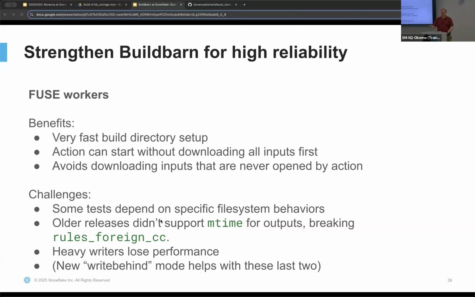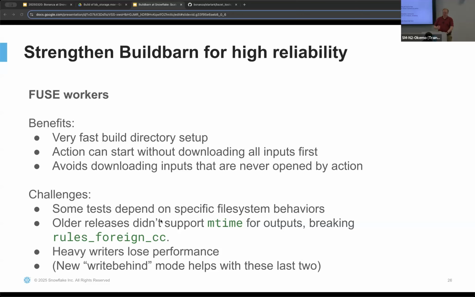And one of the best things about it is that you can start running the action without having to download the entirety of that input set, which might be substantially overspecified, especially for things like tool chains. So it might be 100,000 files in your tool chain. You actually need to open hundreds of them in order to make your build.